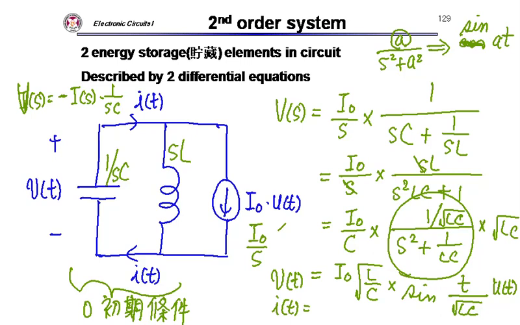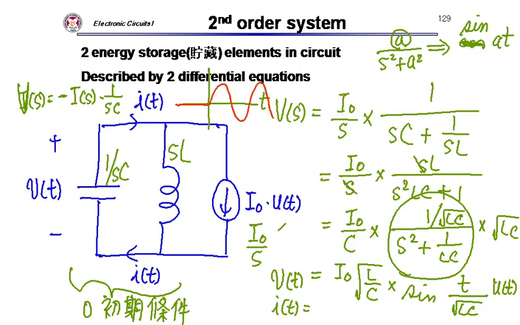I think this is 1 over SC. So anyway, my capacitor voltage was 0 for T negative, and then it oscillates, right?